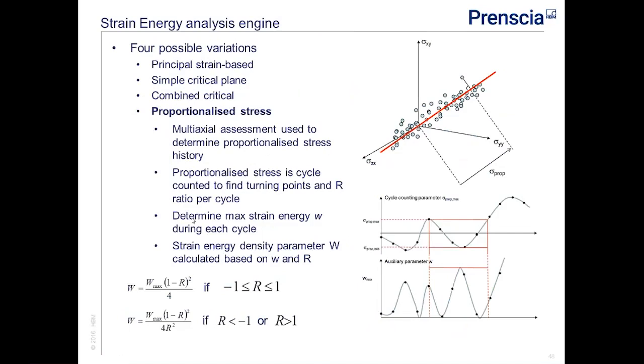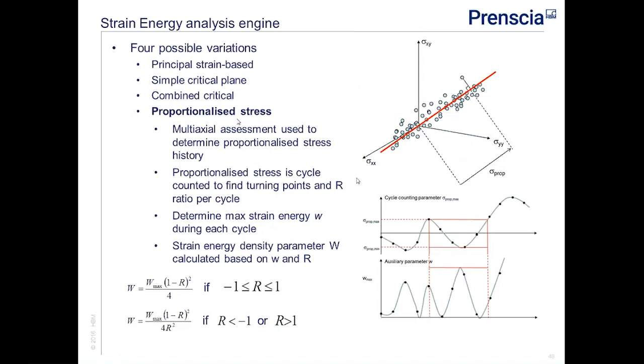There are a number of different options in here. There's a principal strain-based approach, critical plane-based method, combined normal and shear critical plane, but probably the best method, particularly if you've got nearly proportional loads, is the proportionalized stress approach.